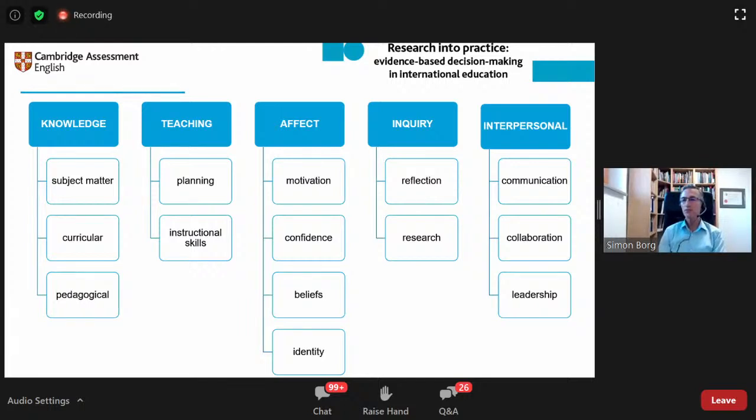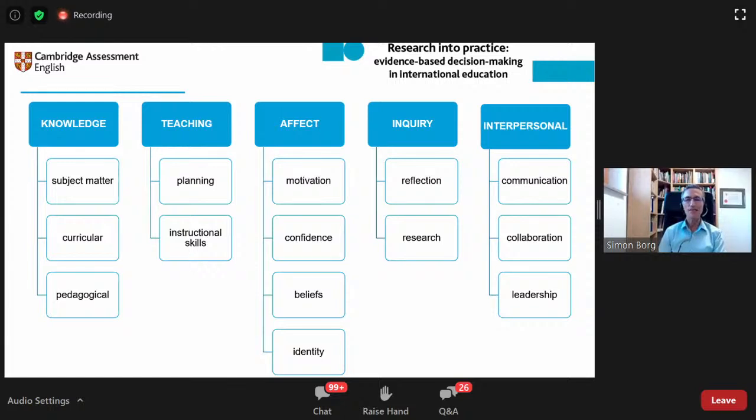So it is really important when we're designing professional development programs to be explicit about which aspects of teacher competence we are targeting. No program is going to be able to target all of these. Without some clear sense of which are being targeted, there is a danger that content and materials may be unfocused.